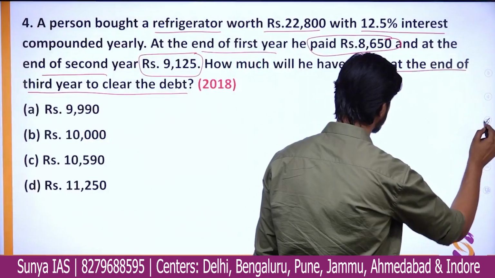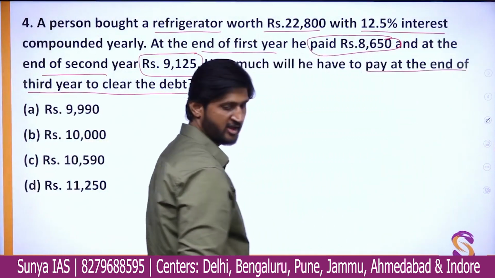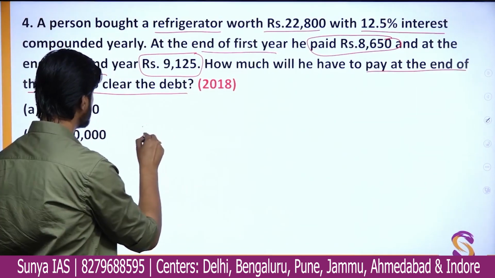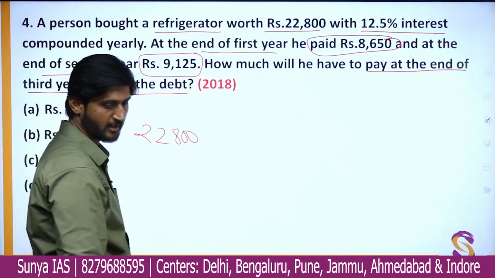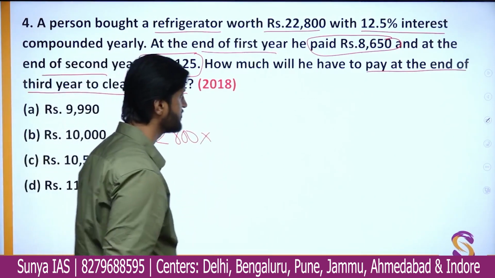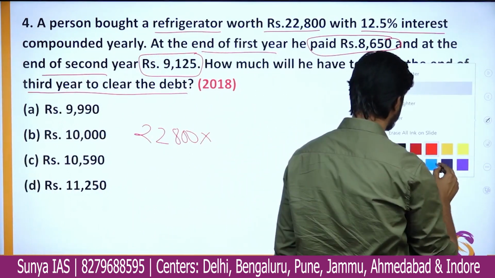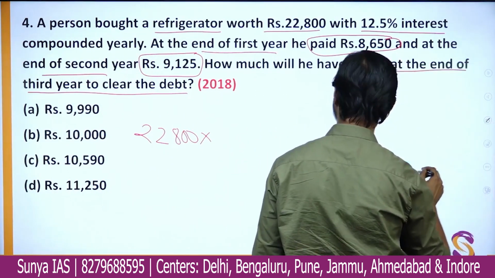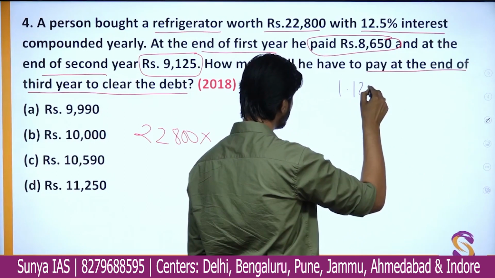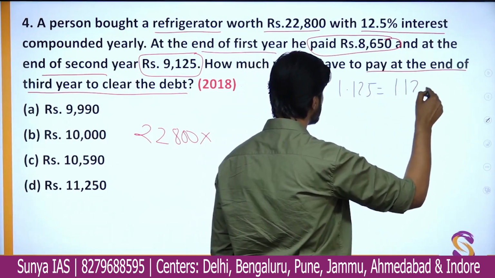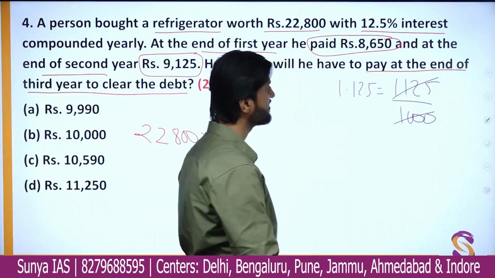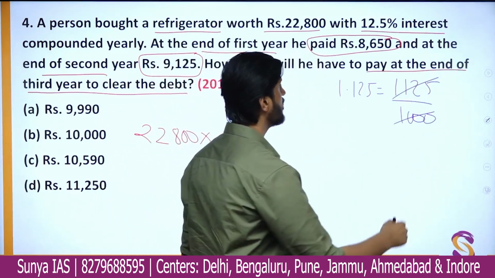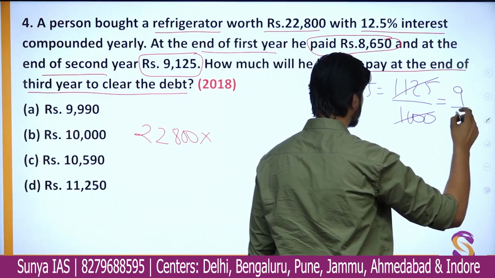So the final equation which you have to solve here will be of the format 22800 into, and now one more good advice which will be helpful. You can rewrite 1.125 as 1125 by 100. When you cancel out both of them by a factor of 125, on the top you will get a 9, on the bottom you will get an 8.